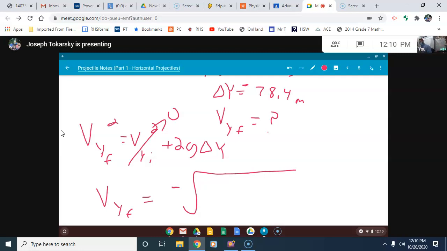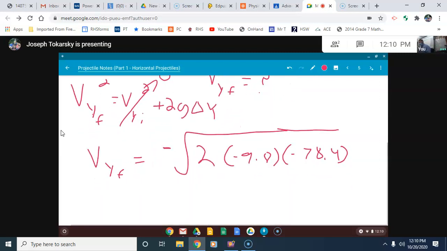Because of course it could be plus or minus as we talked about before. So 2 times negative 9.8 times negative 78.4. Run that calculation, and on the vertical axis right before it hits the ground, it will be going 39.2 meters per second. Negative 39.2 meters per second.